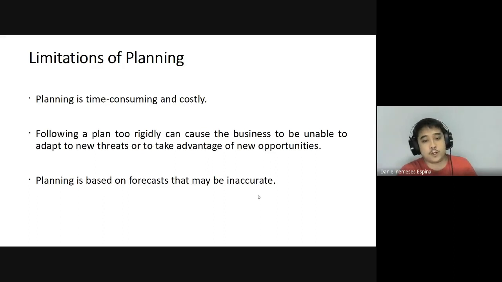If the forecasts are inaccurate, it might lead to wrong decisions. However, despite the limitations, we can still say that the benefits of planning outweigh its cost. That is why it is still recommended for businesses to plan.